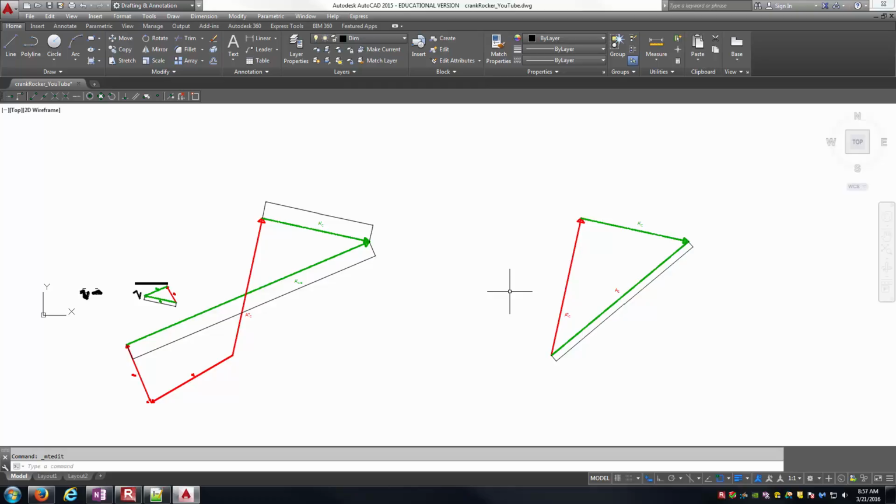Instead of having to break everything down into I and J notation, generally you're already going to have the position analysis done on your mechanism, so instead of figuring out angles through trig and then breaking it into I and J notation in each individual vector, you get to take advantage of the power of the CAD software in order to just snap to perpendicular, snap to parallel, and move vectors around to get the tip to tail addition. Which, as you can see, can go relatively quickly, depending on the CAD proficiency, of course.